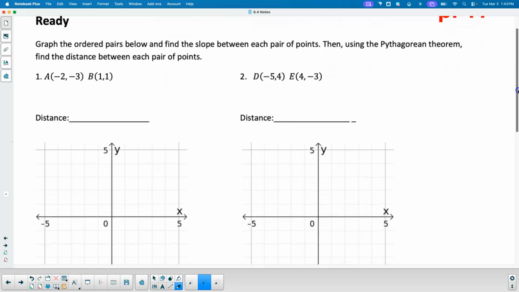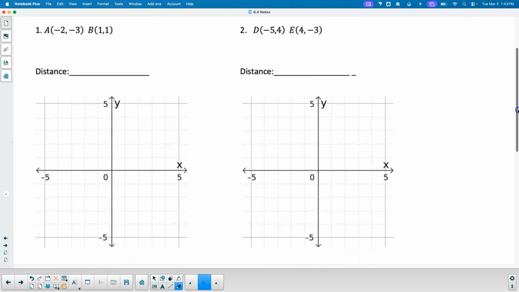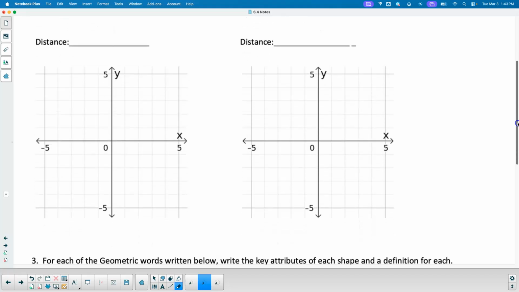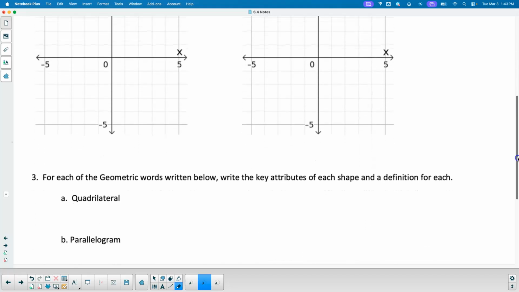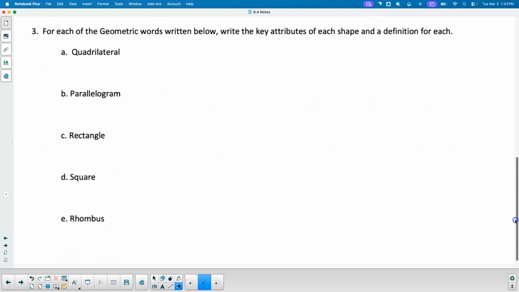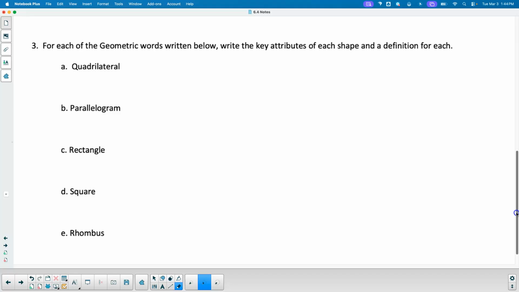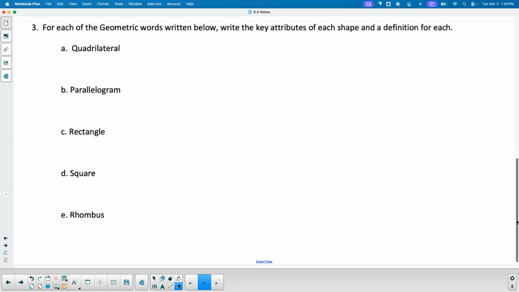So we're graphing some ordered pairs, finding the slope between the pair, and then using the Pythagorean theorem. So there's graphs there for 1 and 2. For number 3, the back side of your yellow toolkit might be very beneficial for you. Hint, hint.